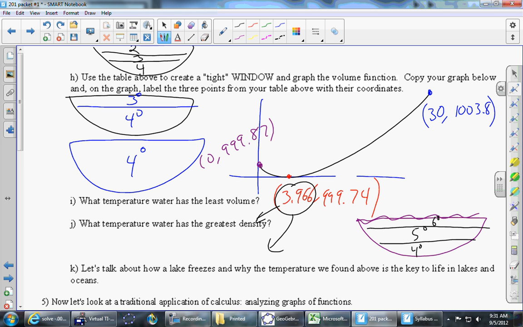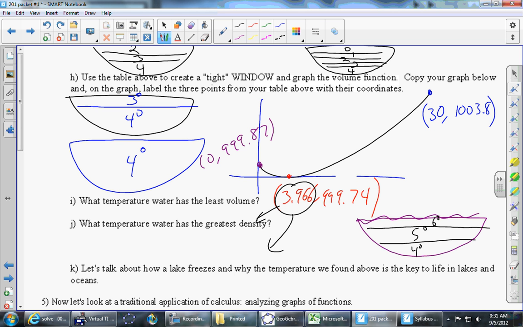And you can see maybe we'll get these kind of layers of water, and ultimately you'll get something like this, where it's 0 at the top, and then 1, and then 2, and then 3, and then a little pocket of 4-degree water at the bottom, and then what happens at the top? It starts to freeze.